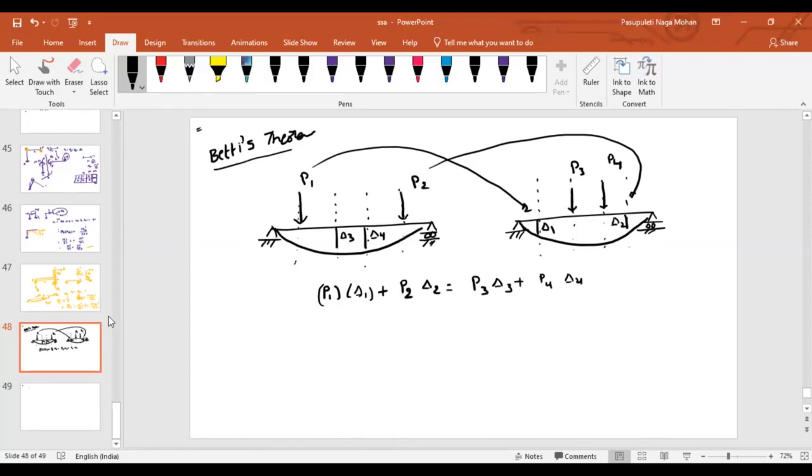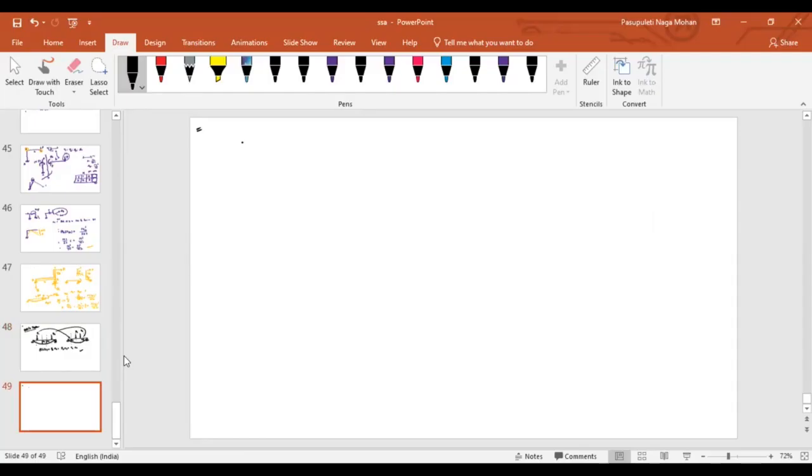The point is, why is this useful? Can we just do a simple application of this method? Previously, let us say this is P, I asked you to find the deflection at point C. How much time did it take to solve this case?